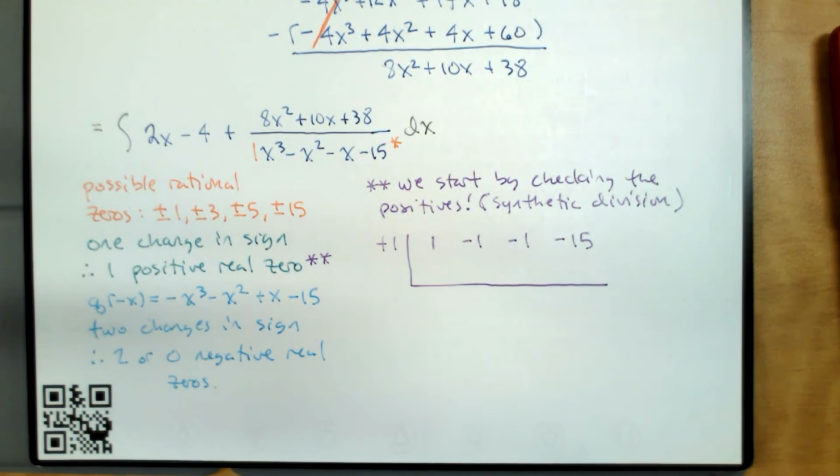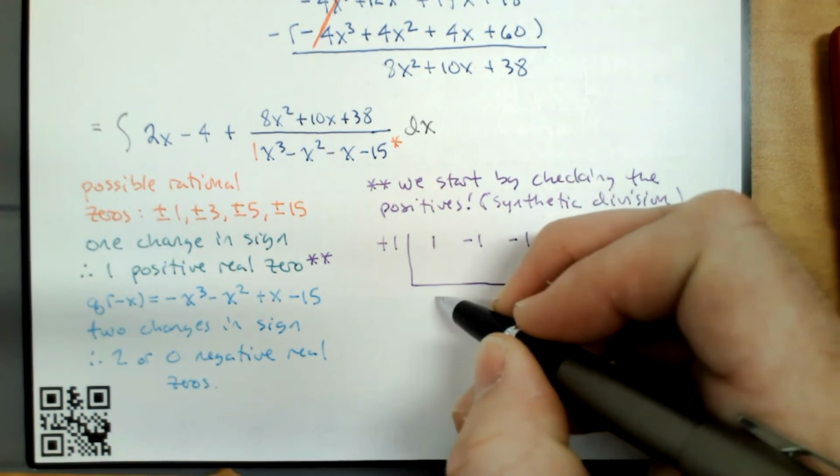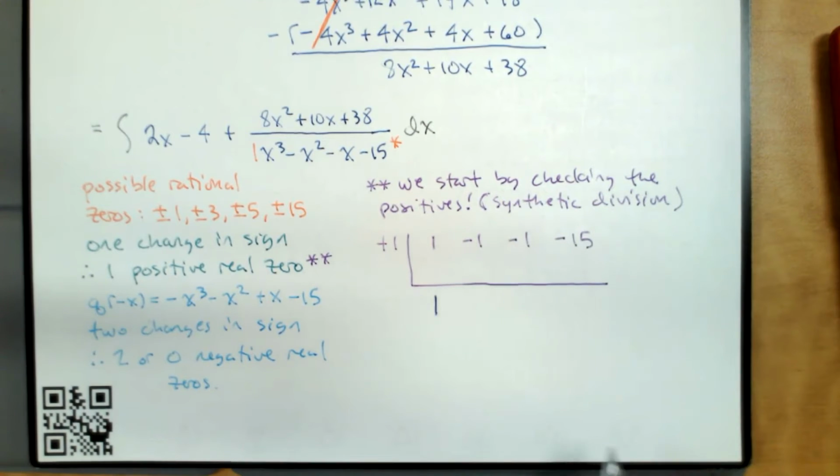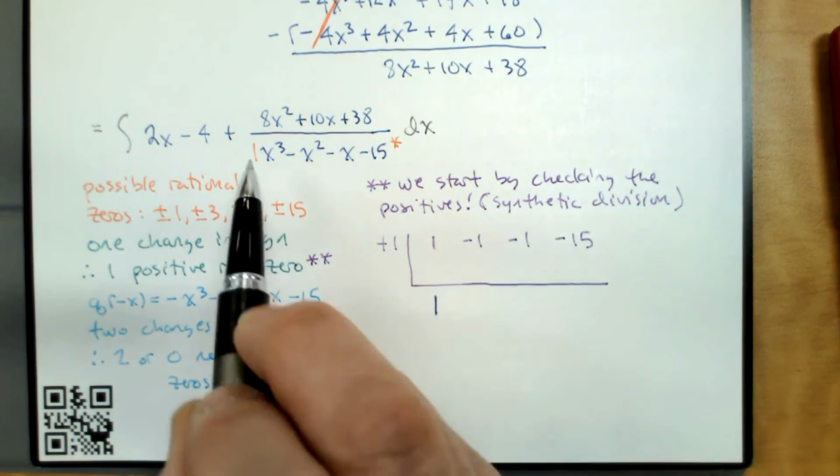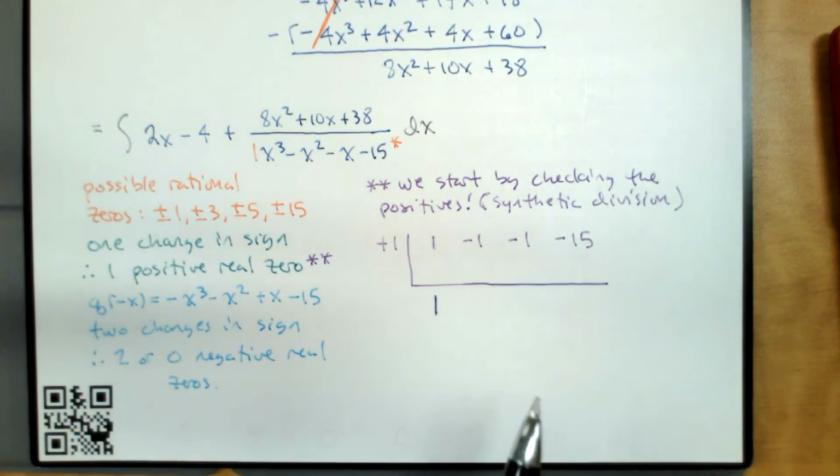Here's how synthetic division works. You drop the first one down. Notice that these numbers up here, 1, -1, -1, -15, are the coefficients of my polynomial.